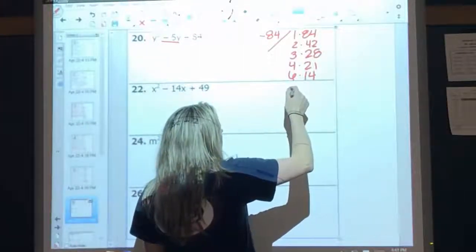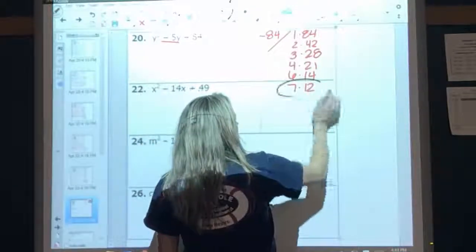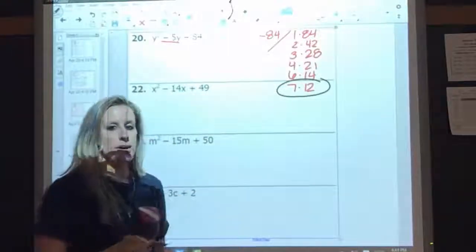Let's see, 7 and 12. So the two that'll add or subtract to give you a negative 5 would be 7 and 12.